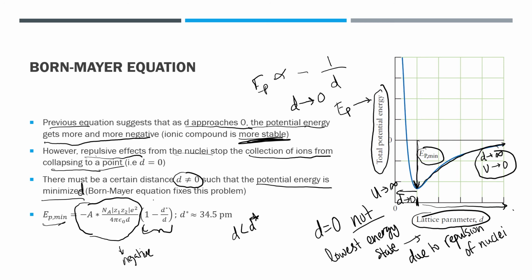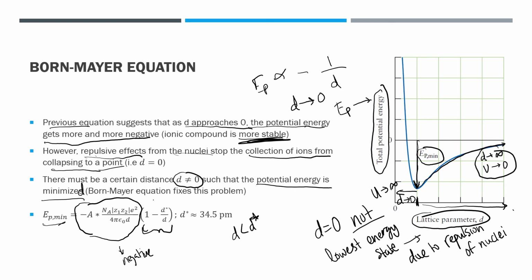How is this always negative? Our Z1, Z2 absolute value is positive, e squared is positive, 4 pi epsilon naught is positive, distance is positive, Avogadro's number is positive, this A is positive. So everything is positive, and then we have a negative sign out front, which means that that part has to be negative. We have a negative potential energy in that part.